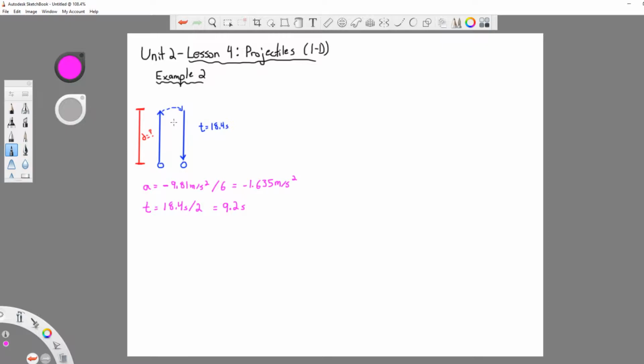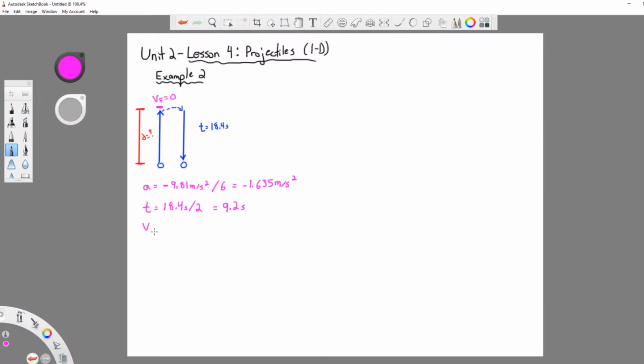Final velocity of 0 means maximum displacement. So right at the top of this thing, as the ball is going quickly and slowing, it pauses at the top momentarily. That's max displacement. And this has at the top a final velocity of 0.